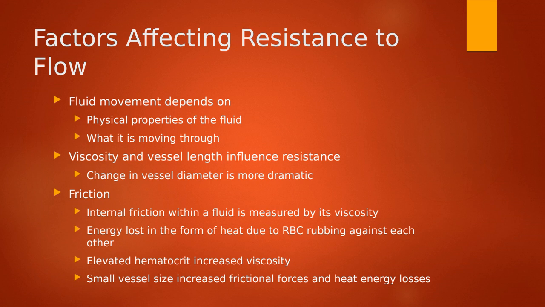We are going to see increased viscosity with patients who have elevated hematocrit. Anybody who has more red blood cells in their body than normal is going to have more viscous blood, therefore more energy loss due to friction. Small vessel size, like we said, so a decrease in vessel diameter is going to result in an increase in friction losses, again leading to that increase in resistance.